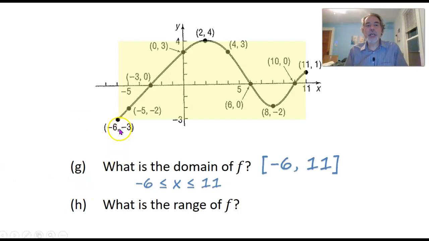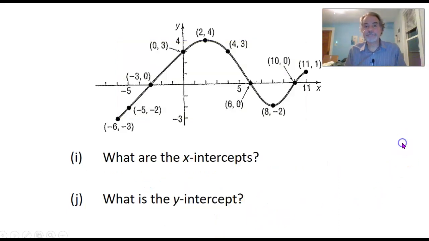Well, the lowest y-coordinate is negative 3, and the highest is positive 4, and we do hit all the points in between, all the y-coordinates in between. So the range is y's are between negative 3 and 4. Y is greater than or equal to negative 3 and less than or equal to 4. So we can say that's the closed interval from negative 3 to 4.